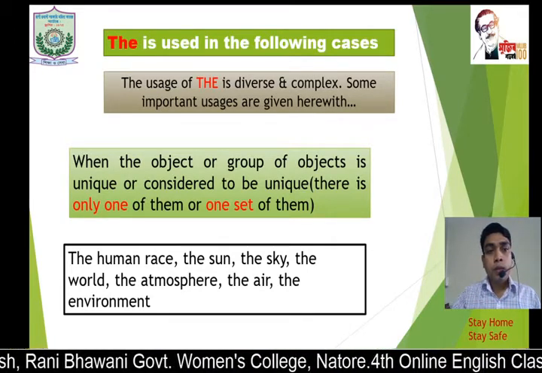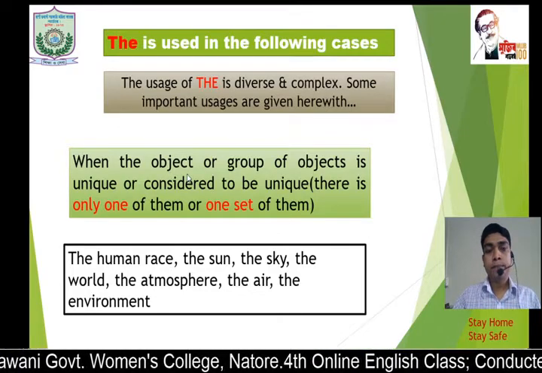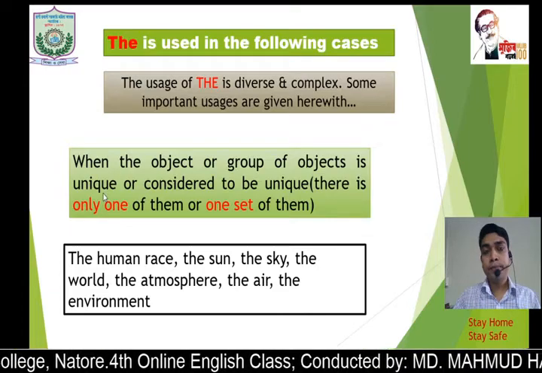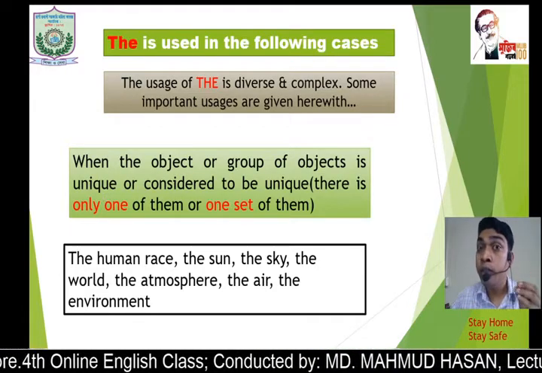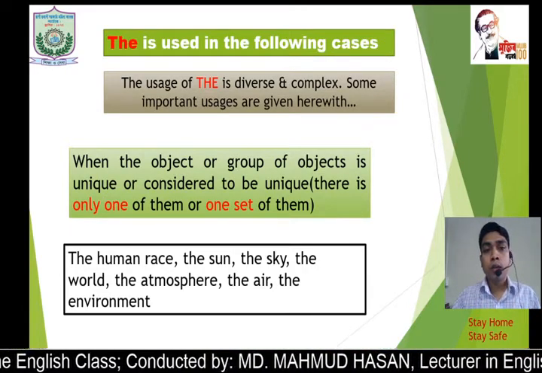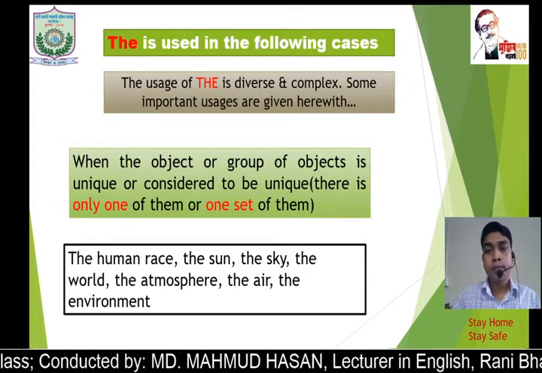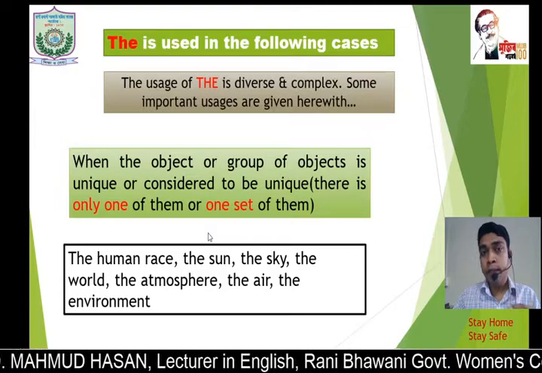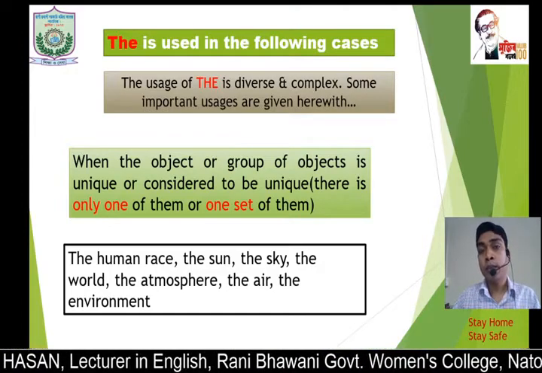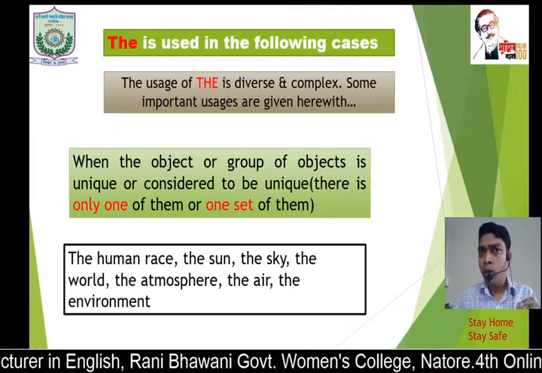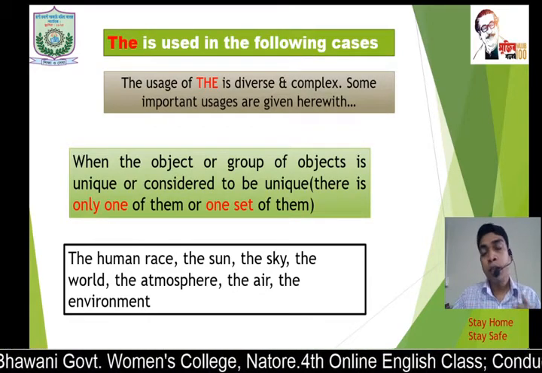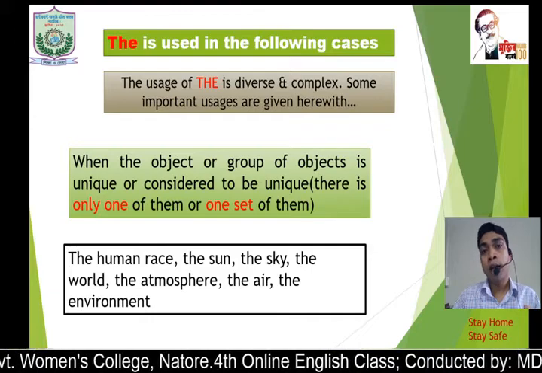When the object or group of objects, or when the noun, is considered to be unique, that means there is only one of them or one set of them. If the noun is only one and it is unique, then we use the.